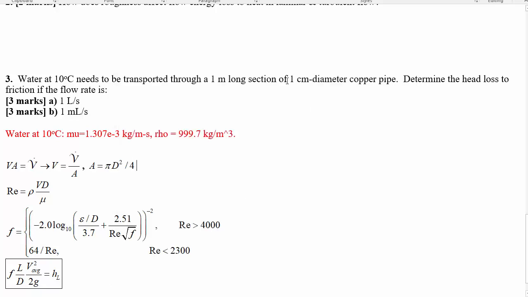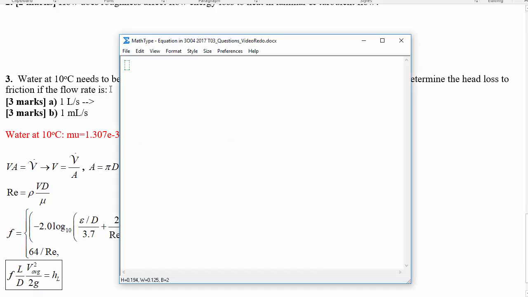So we can find out that area for this 1 centimeter diameter copper pipe. We can use these values to convert to volumetric flow rate. Let's think, 1 liter per second. A liter is a cubic decimeter, so it's 0.1 meters per side.